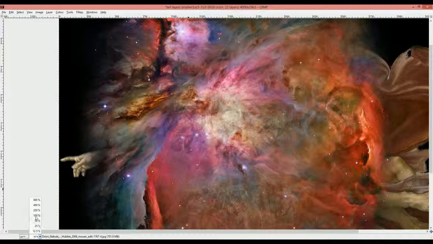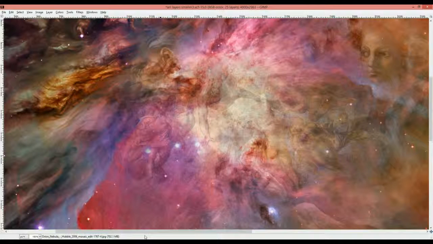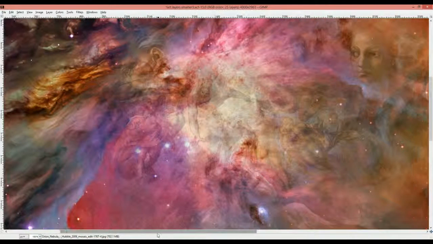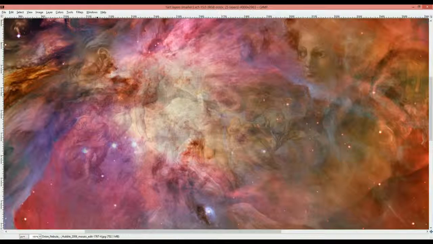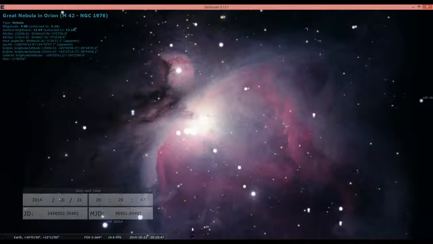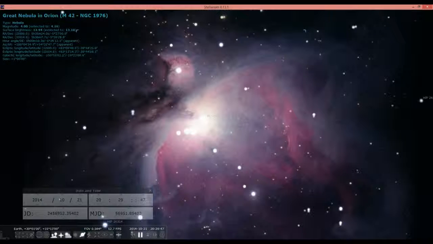Let's zoom in to 100%. And here they both are together. So you can see they are painted as if they were both at the same level in the sky, the exact same degrees, both facing upright, both facing exactly the same as we see right here. And so that kind of locks these two in together.